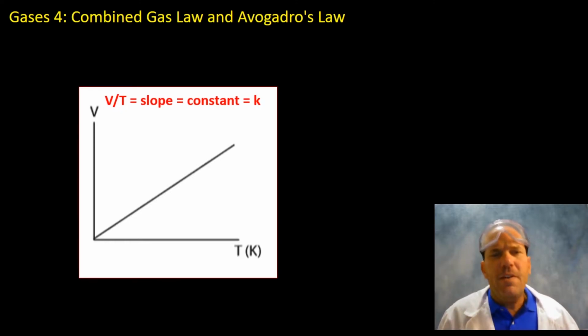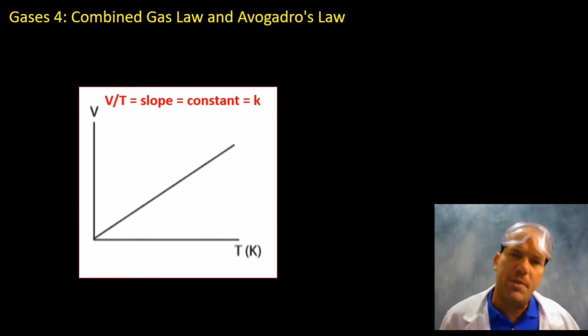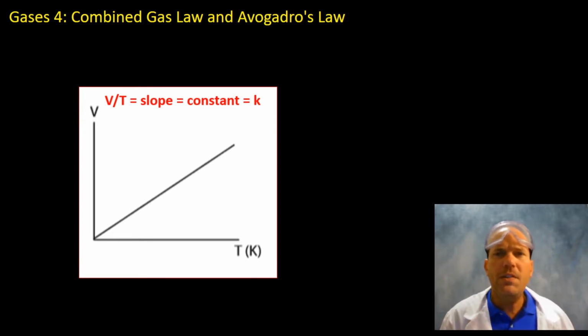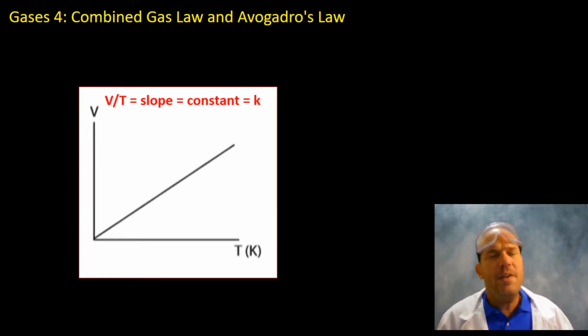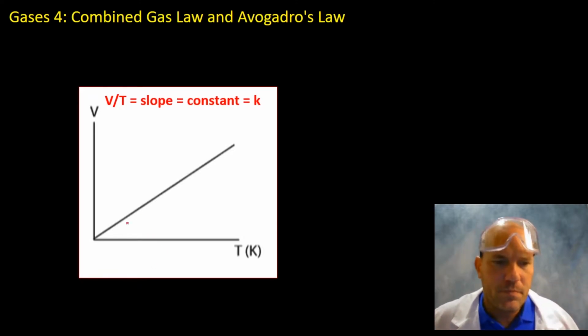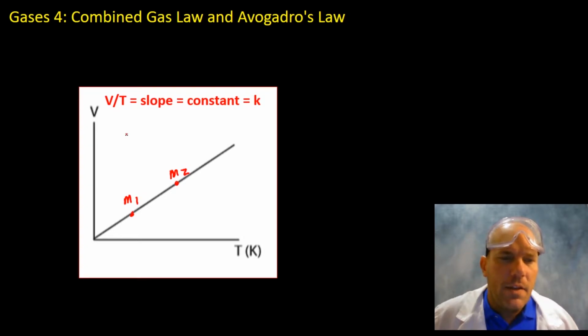So let's revisit this graph of volume as a function of temperature. Notice that the slope of this line is positive and constant. So if I were to find the slope here and the slope here, I would find that M1 equals M2.